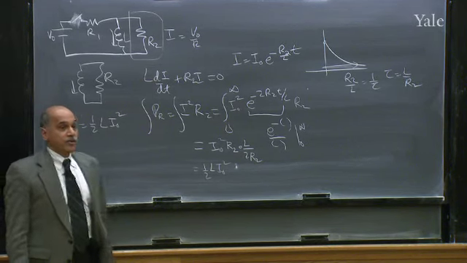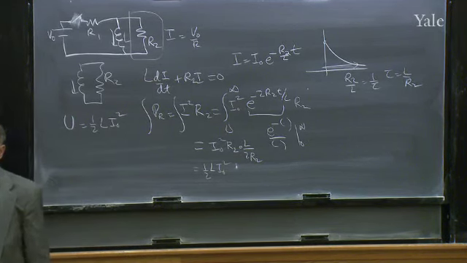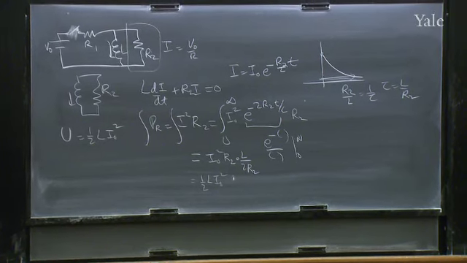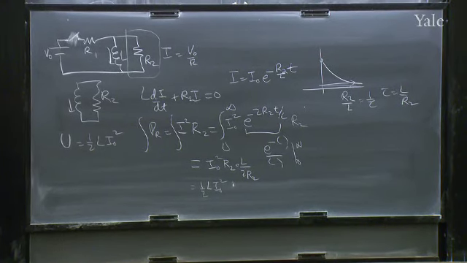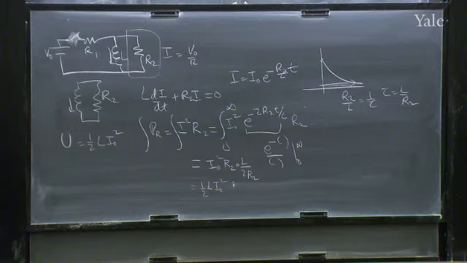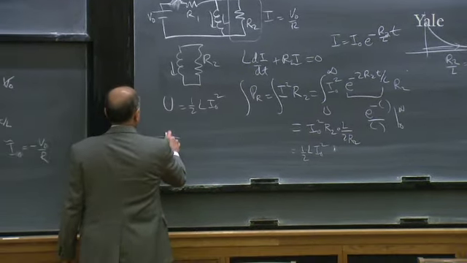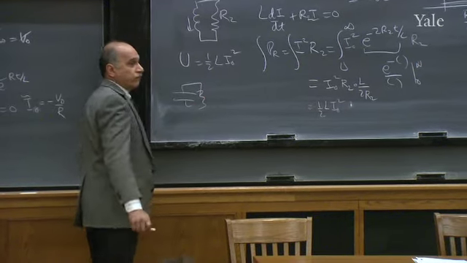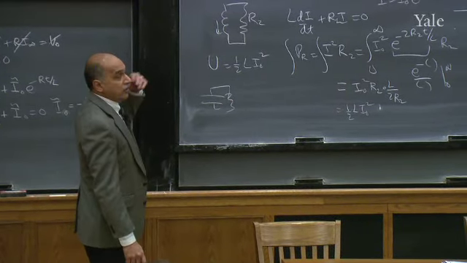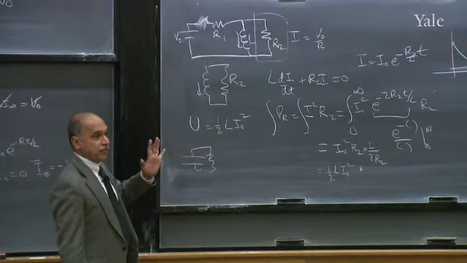So it's not a surprise that the stored energy in the inductor is driving a current. One way to store energy is a capacitor. You charge it and you discharge it when you want the current to flow. Or you can have an inductor in which a current has been set up.